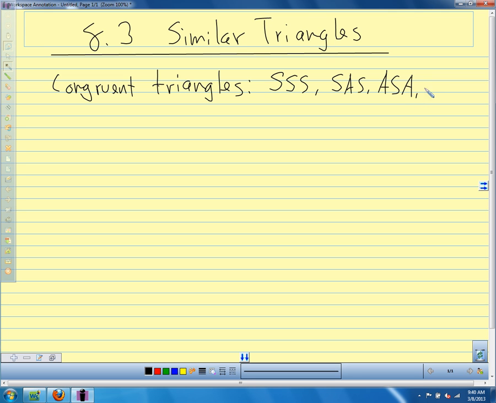For a right triangle, we had hypotenuse, leg. So those were our ways that we could show the triangles were congruent. Well, for similar triangles, we have three shortcuts that are kind of like these shortcuts. So that's what we're going to do today, is talk about those shortcuts.